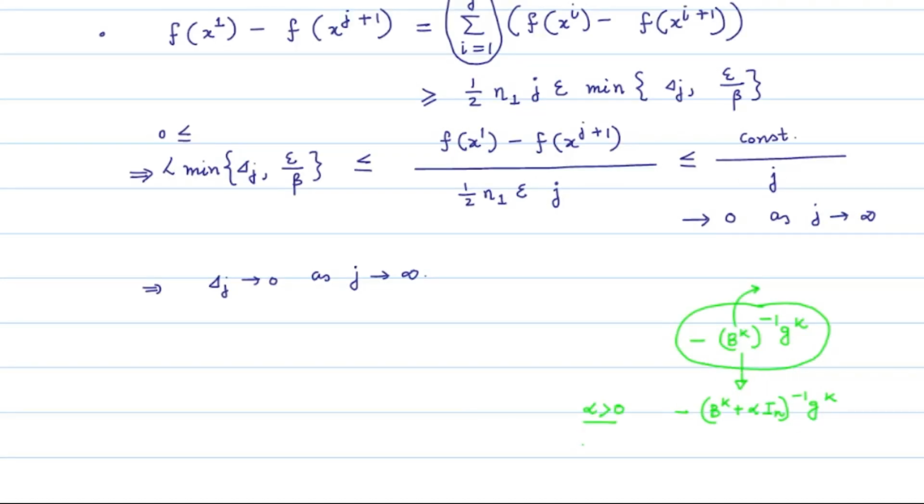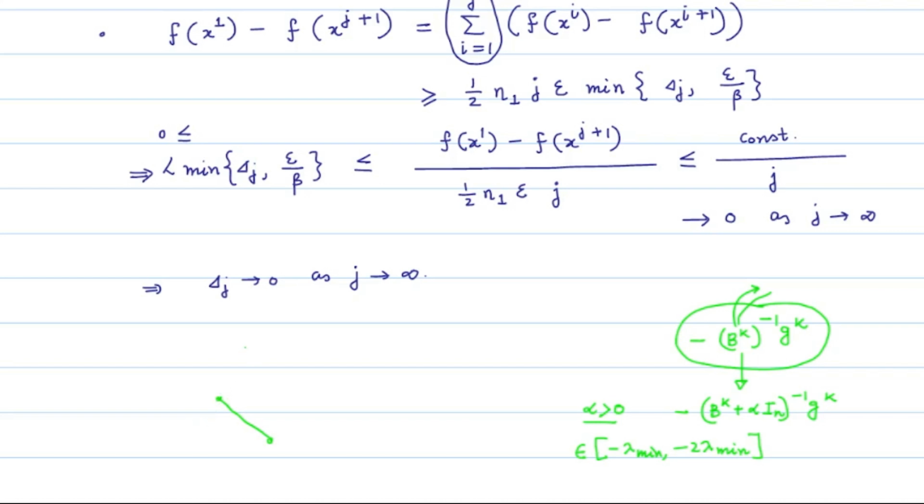For example, we can choose this alpha value lying between minus lambda min and minus 2 lambda min, where lambda min is the most negative eigenvalue of the matrix Bk. After modifying Bk by Bk plus alpha I, we can follow the same process as in the dogleg step to identify a dogleg step lying between the full Newton step and the Cauchy step.